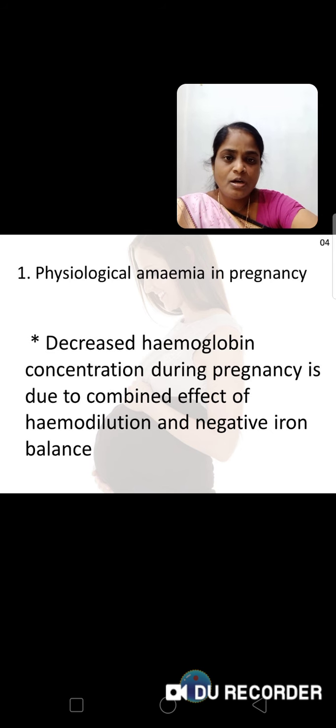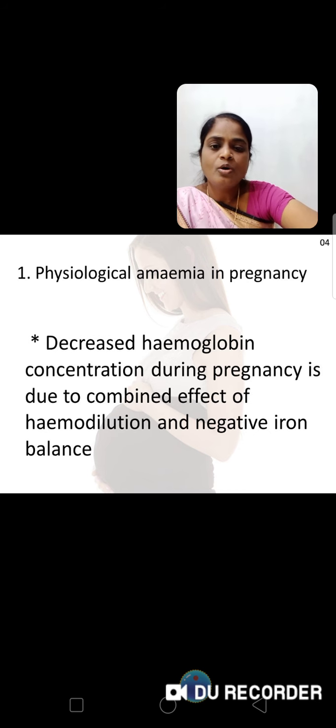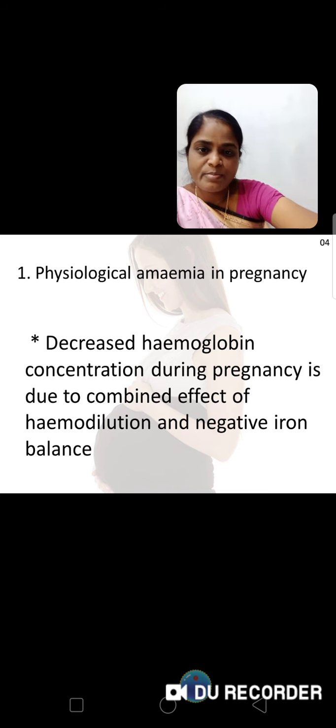So 500 milligrams is needed for maternal hemoglobin and erythropoiesis, 300 mg for the fetal requirements, and the remaining 200 mg for the daily maternal loss of iron. So totally 1000 mg of iron is needed, and that may lead to physiological anemia. Is this clear, the physiological anemia in pregnancy?